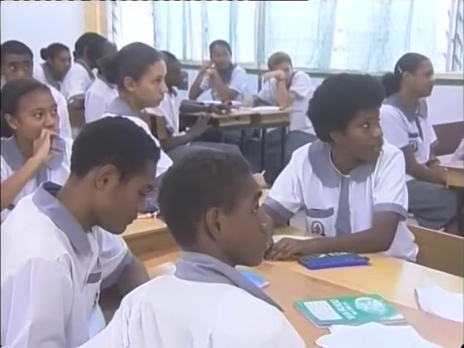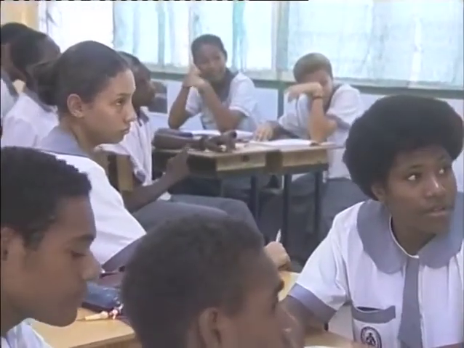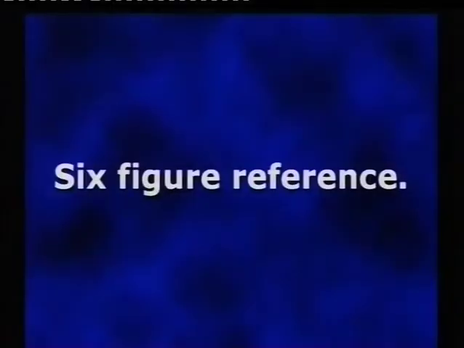All right, this time we're going to look at a 6-figure reference. You can just write that down, please. When using a 6-figure reference, how many figures are you going to have? 6.